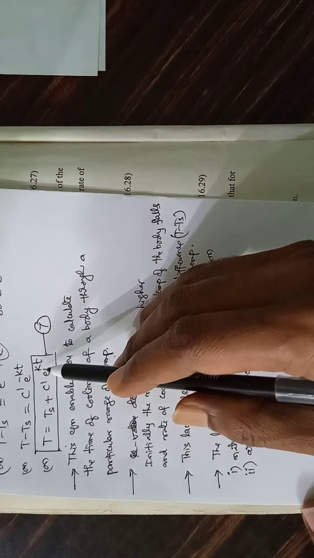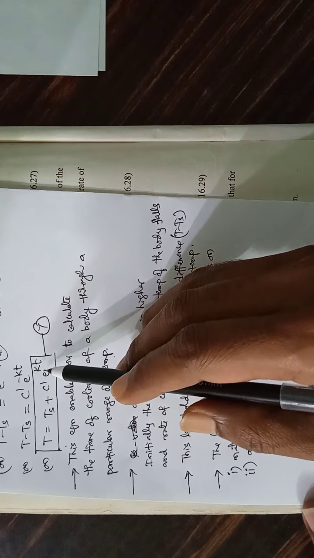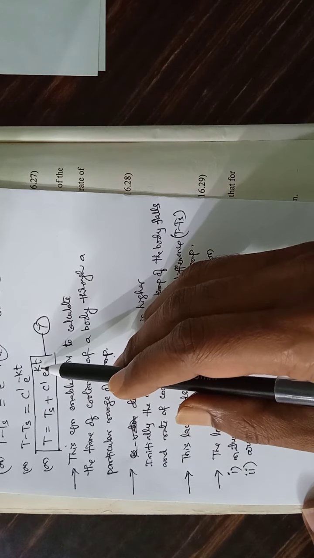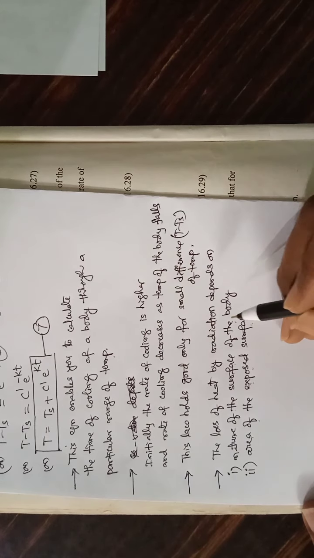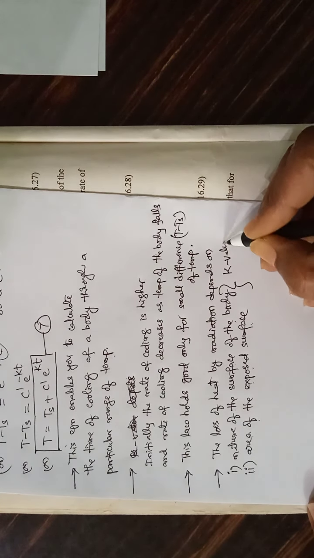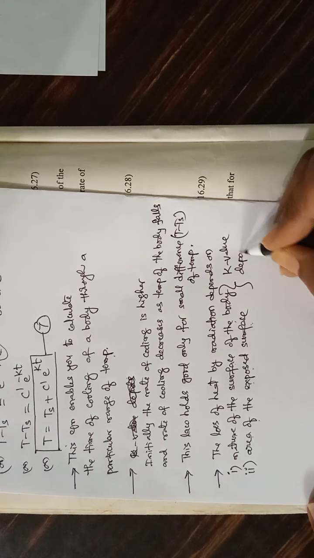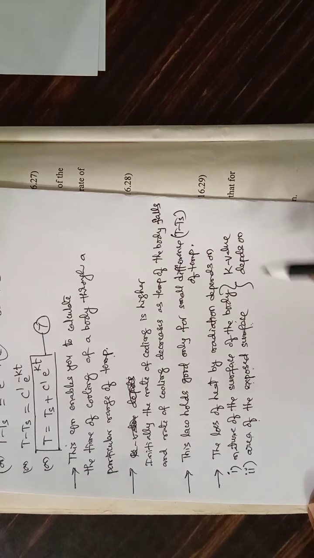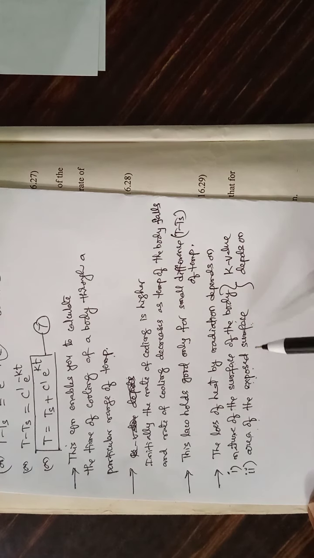In this equation we have constant k, and sometimes in the examination they ask on what factors the k value depends. So we write: the k value depends on the nature of the surface of the body and the area of the exposed surface.